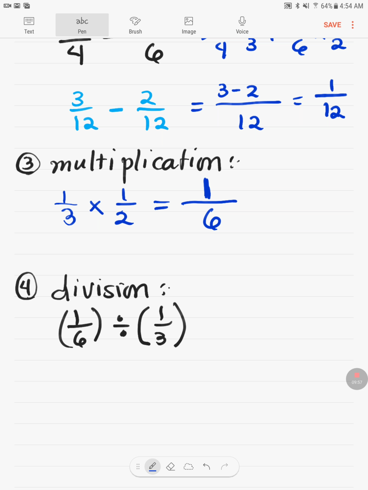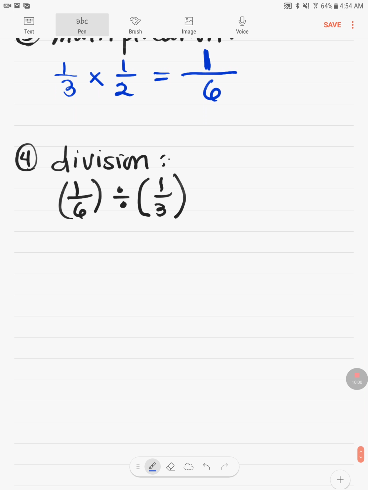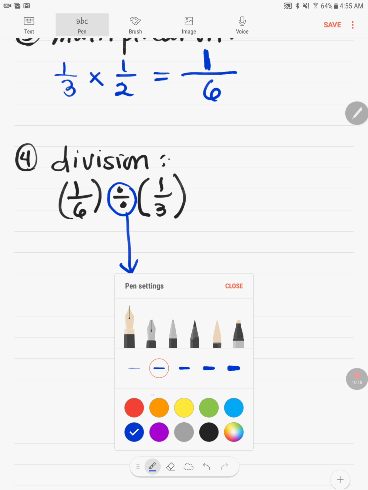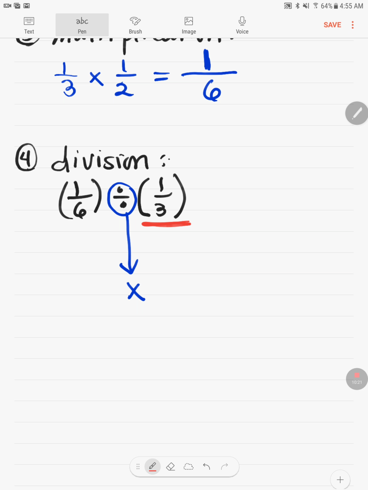There's a rule in doing division of fractions that a division sign could be transformed into a multiplication sign, and the fraction after the operator needs to be flipped, meaning the numerator becomes a denominator and the denominator becomes a numerator.